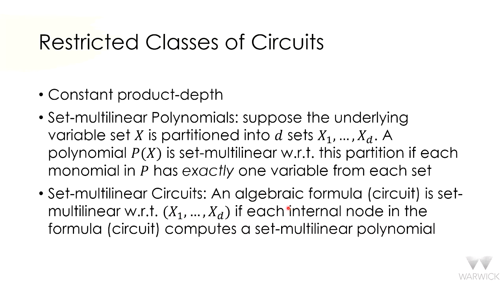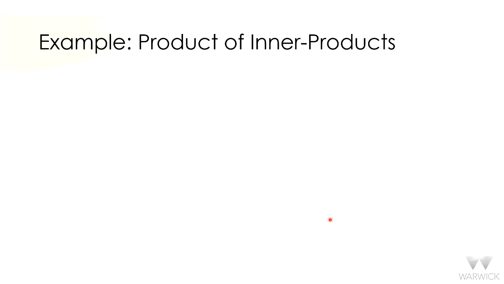Now obviously, an internal node in a circuit need not be set multilinear with respect to the entire partition, X1 through Xd, because internal nodes may compute smaller polynomials. But all I demand is that every internal node be set multilinear with respect to a subset of the original partition. Now, I'll make this clear with the help of an example.